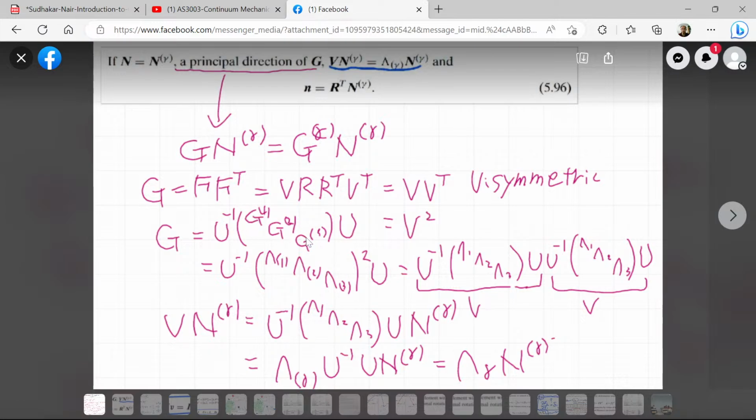Anyway, so then this diagonal part actually can be written as lambda square. Okay, each of G1, G2, G3 are lambda 1 square, lambda 2 square, lambda 3 square. So you can write this as this lambda diagonal matrix square. Then if you perform this multiplication, you will obtain a lambda square in diagonal places.